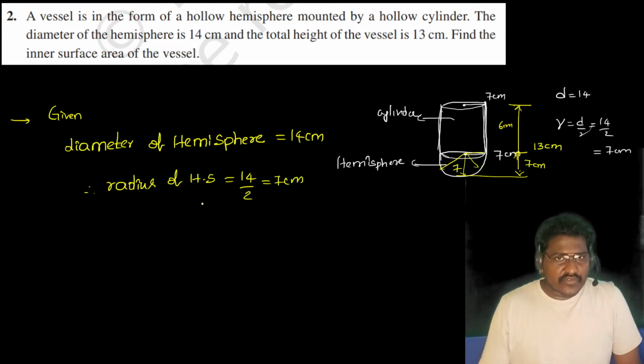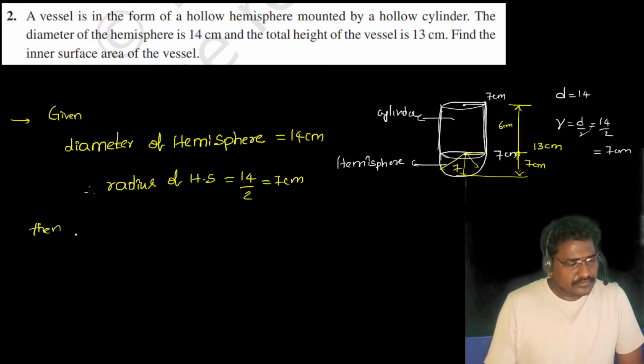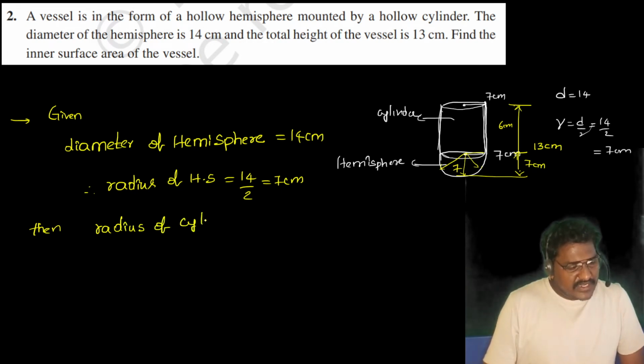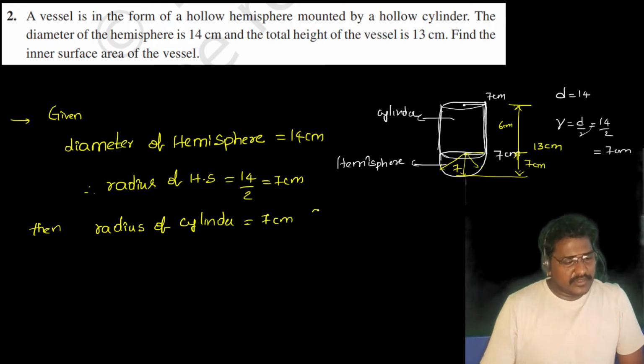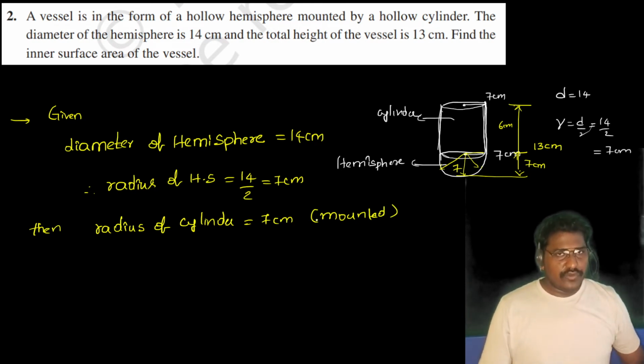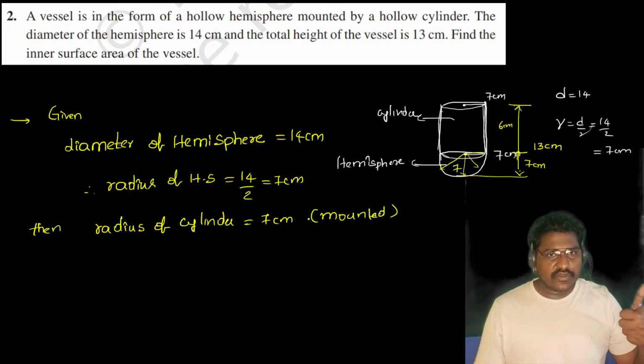If the radius of the hemisphere is 7 centimeter, then the radius of the cylinder is also 7 centimeter because it is mounted, common radius. Now we know the radius of the hemisphere and also the radius of the cylinder.